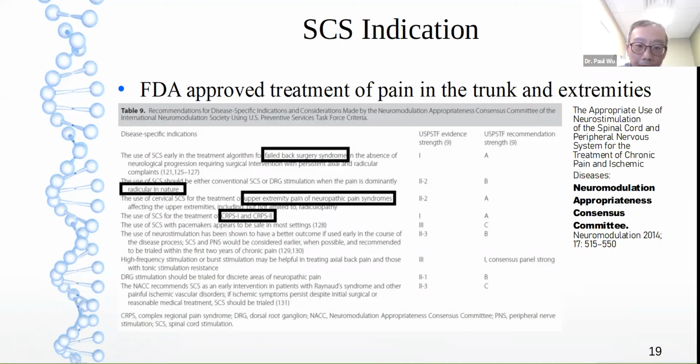For upper extremity neuropathic pain, it has a grade A recommendation, and CRPS type 1 and type 2 both have strong evidence for usage of spinal cord stimulation for treatment.